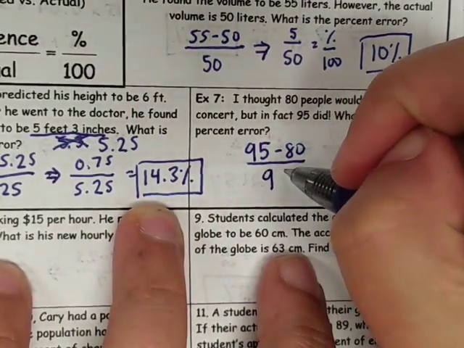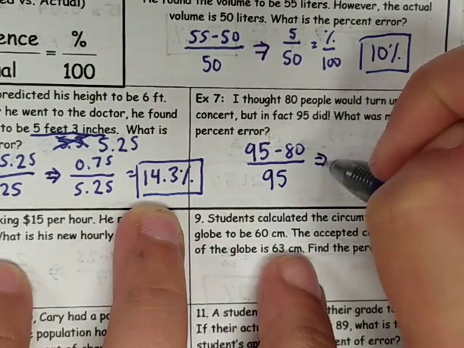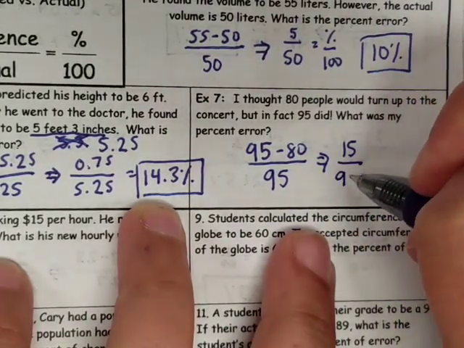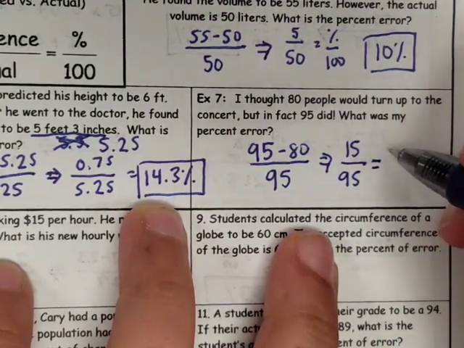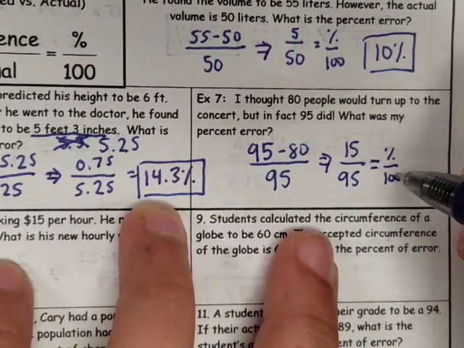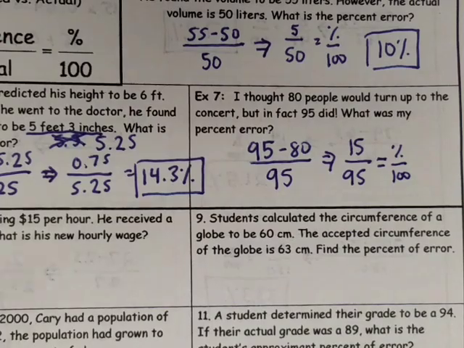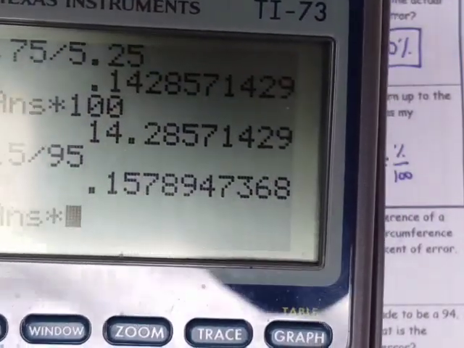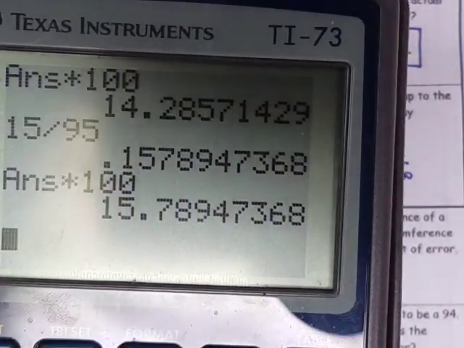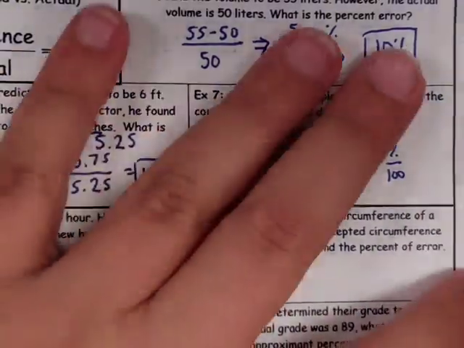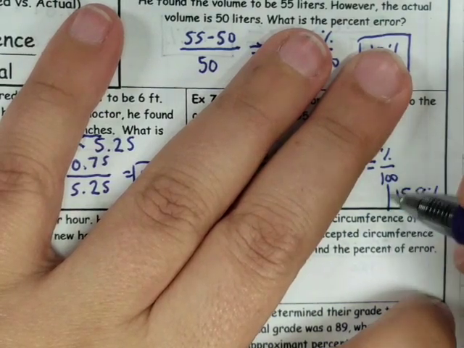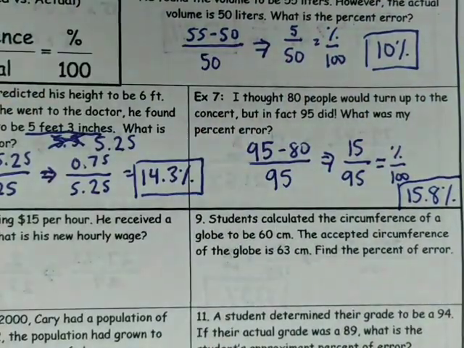So we're going to put that over 95. 95 take away 80 is 15. 15 over 95 equals percent over 100. And 15 divided by 95, multiply that times 100, and you get 15.8%. So they predicted wrong by 15.8%.